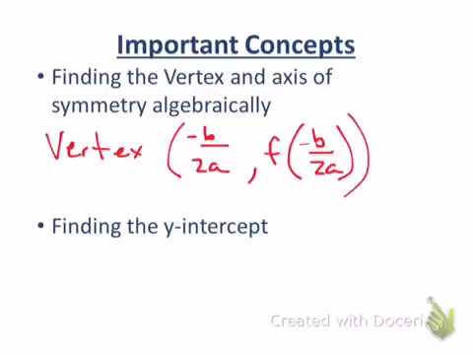I thought the x thing was already used for something else. It's the axis of symmetry. The axis of symmetry, the vertical line that splits the parabola into two symmetrical parts, is x equals negative b over 2a. I thought we used that formula already.